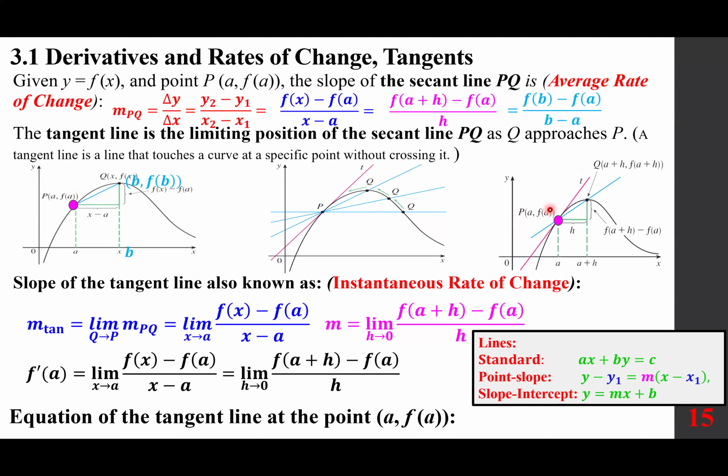Y minus f of a equals m, which is f prime of a, times x minus a. Again, this is the equation of a tangent line. Do you have to memorize it? No, just use the point slope form from elementary algebra. You will get to the same answer.